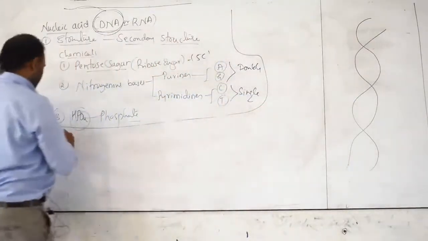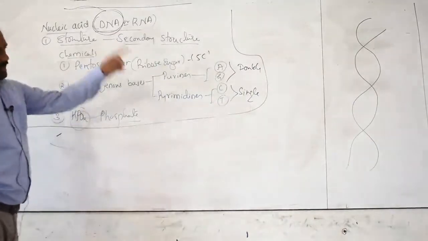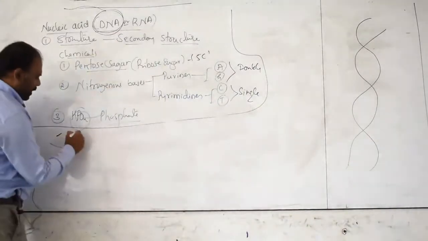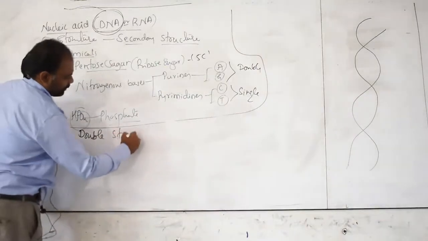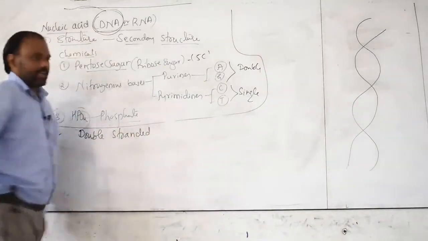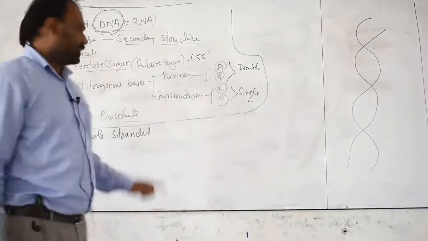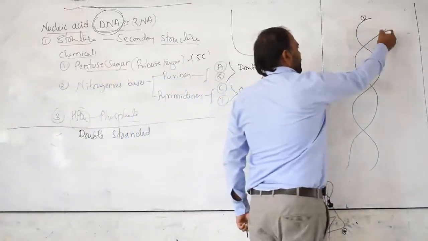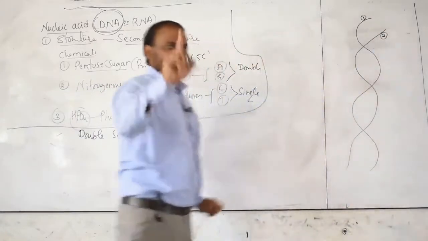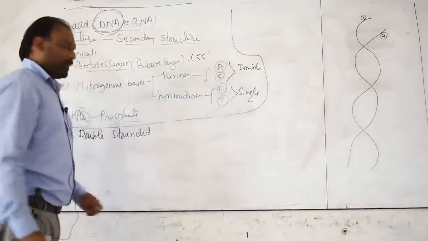First point: DNA is double stranded. See, this is the first strand and this is the second strand. This is the first point. DNA is always double stranded.